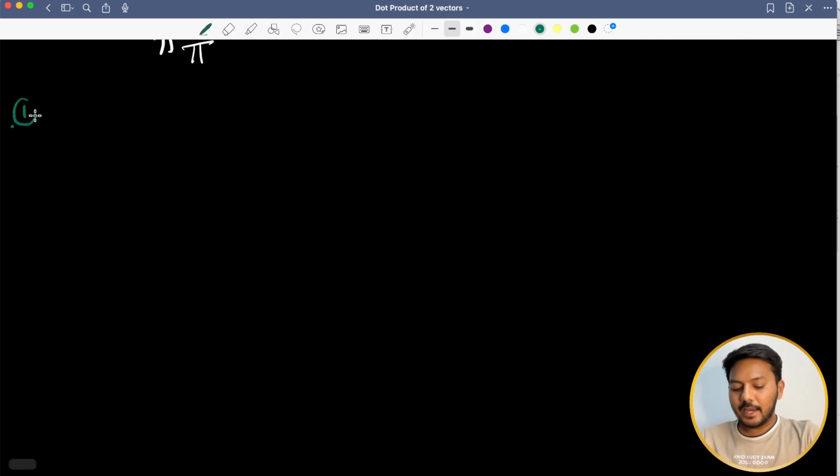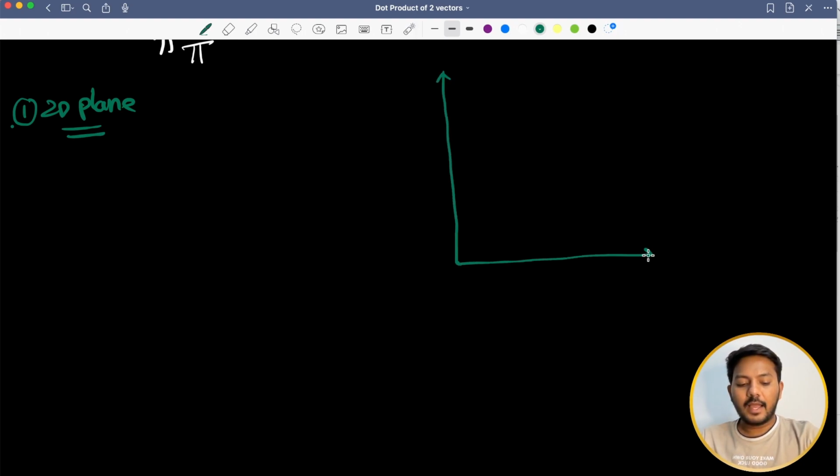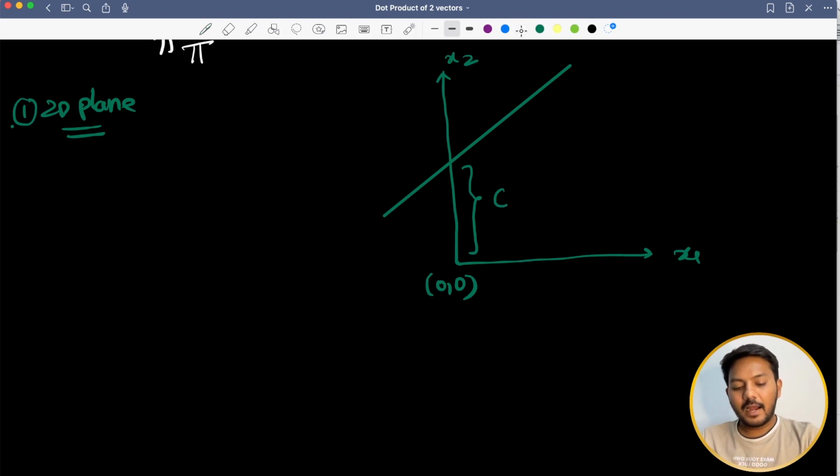Now let's take a 2D plane and let's draw the line equation like this. So let's say I have x1 and x2 and I have a line like this. So my line could be of any type and any shape, right? And this is my origin. So this length would be treated as my C, and the angle of this line where it meets the axis is called theta. So if I extend my x-axis and if I extend this line, this is called theta.